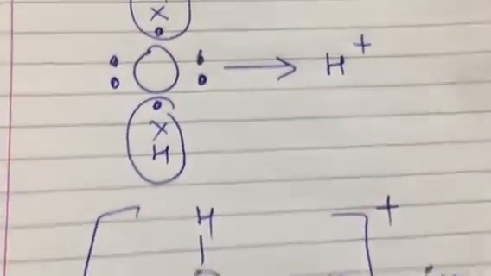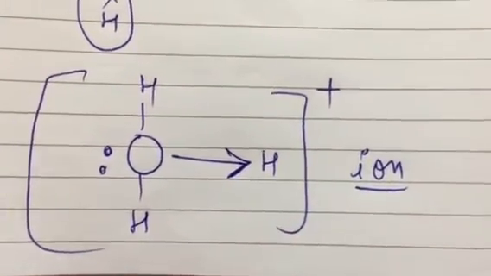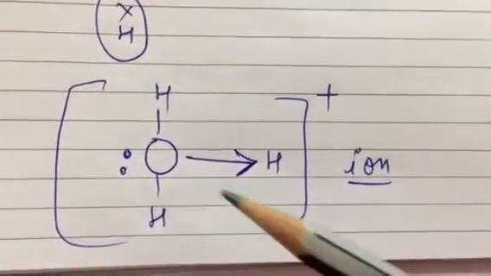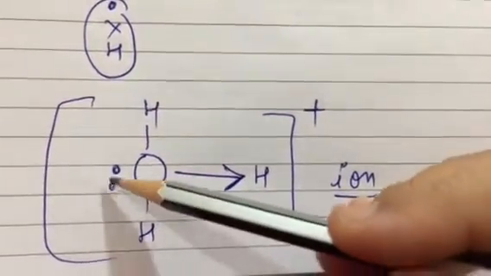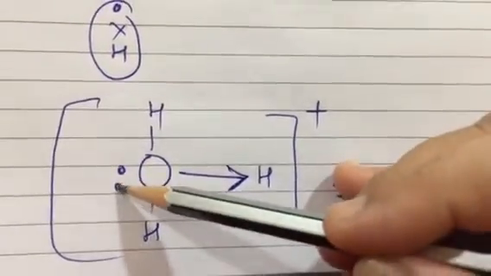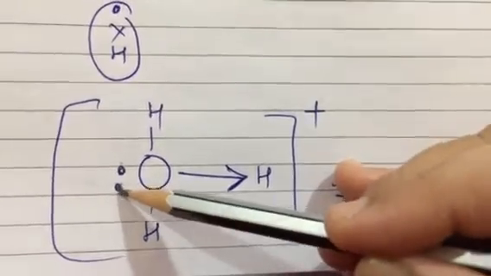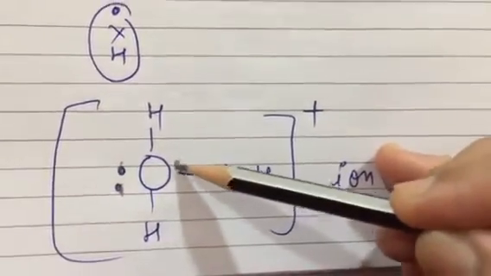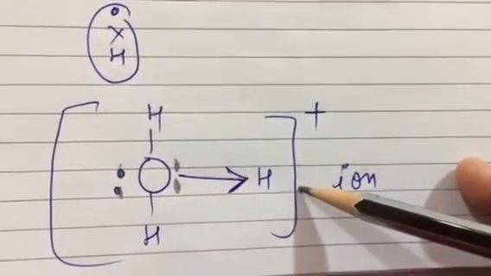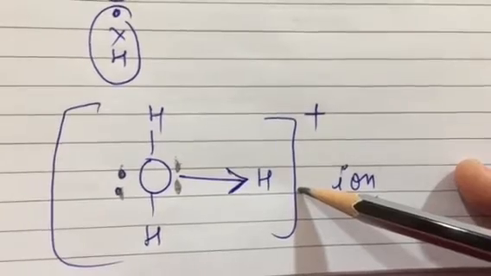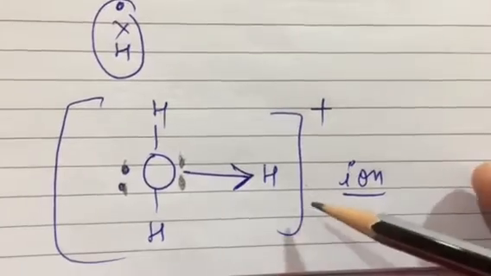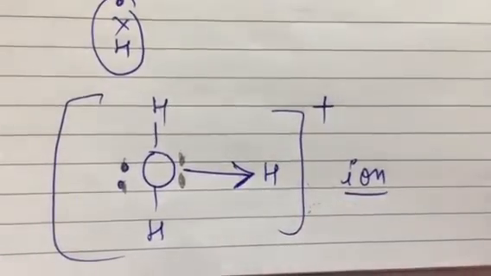Hence, the formation of the hydronium ion takes place, where oxygen forms water, H2O, properly through a covalent bond, with 2 shared pairs of electrons with the hydrogen atoms, but 2 non-shared, unshared pairs of electrons or lone pairs of electrons involved, and one of these lone pairs is donated to the H plus 1 ion to form the hydronium ion. This is the same ion which is formed when an acid is dissolved in water.